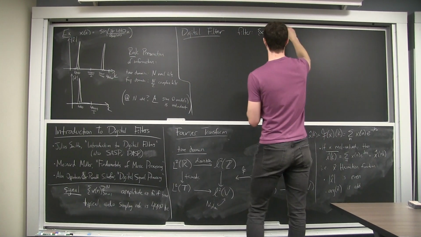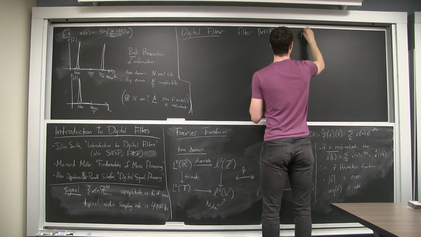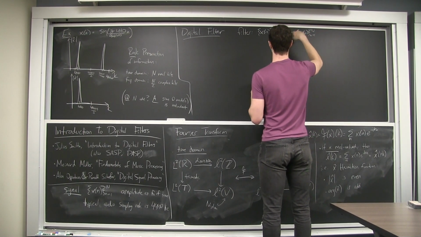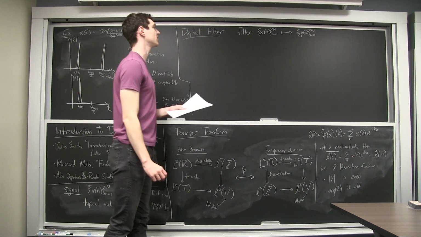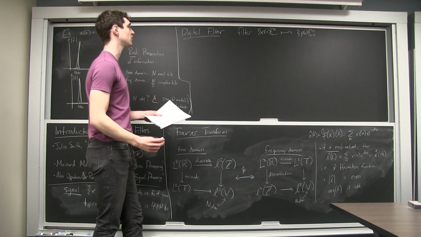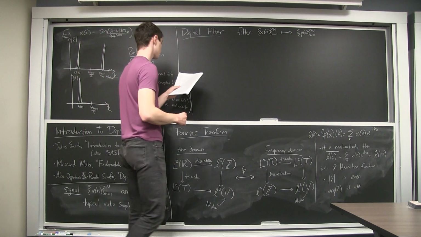Signal. Takes an input signal and it maps it to some output signal. And it'll do something to the signal to make it sound different. And basically the main goal of this talk is going to be to look at a certain class of filters and try to understand what these filters do and how to analyze them.